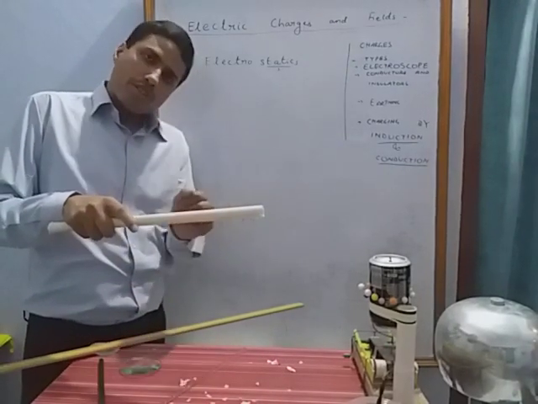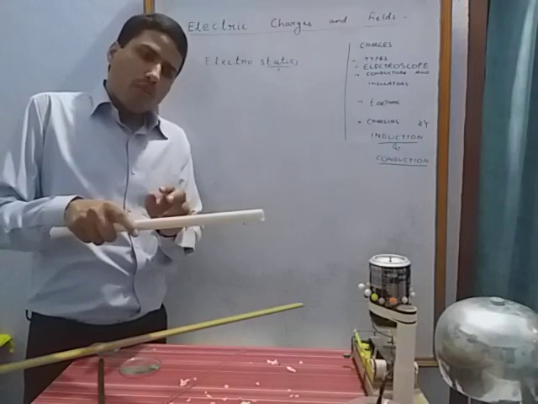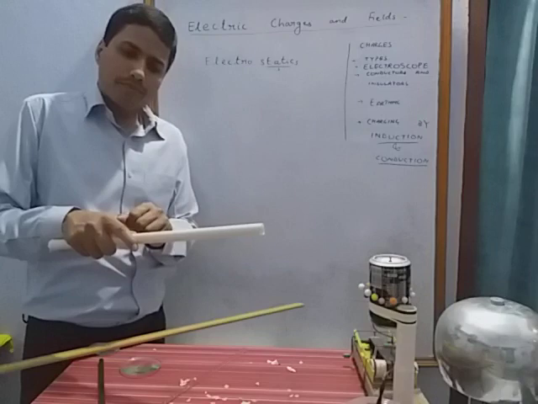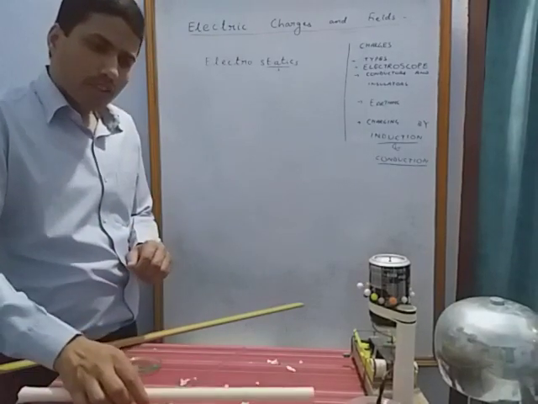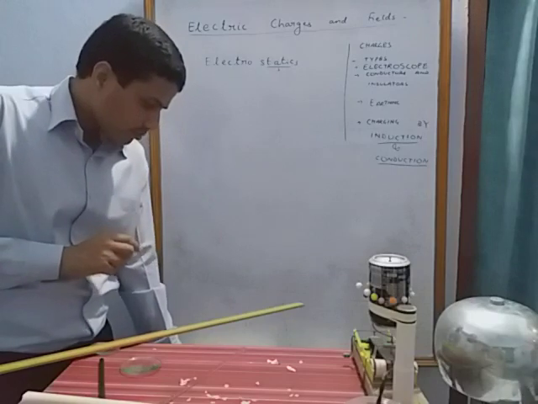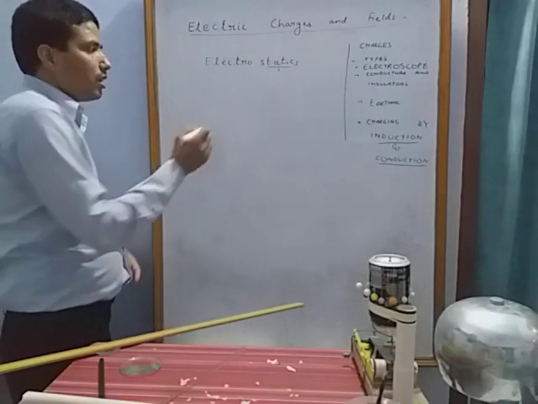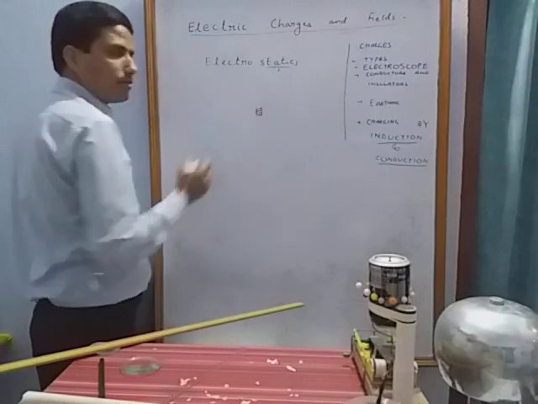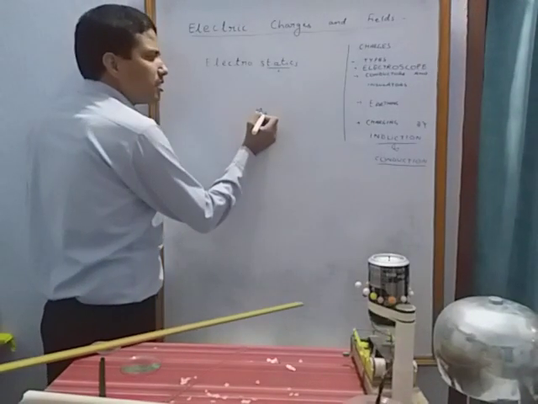On this paper bit, if I ask you which forces are acting, what will be your answer? Think for a moment. So if this is the paper bit, it will have some mass, say m.